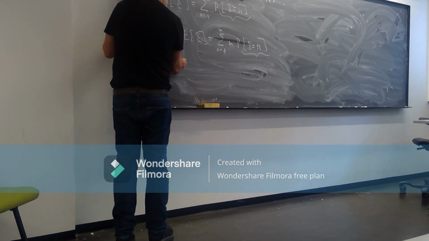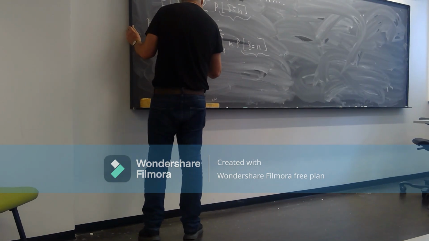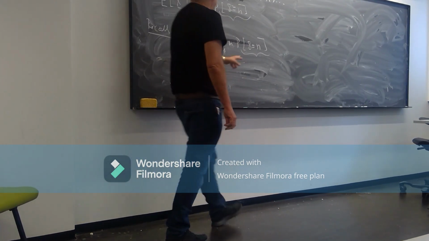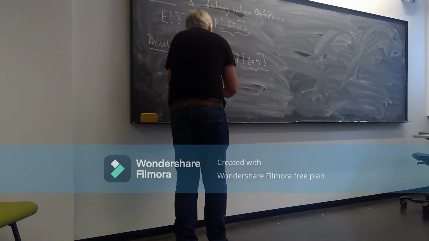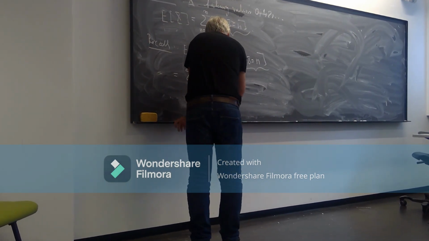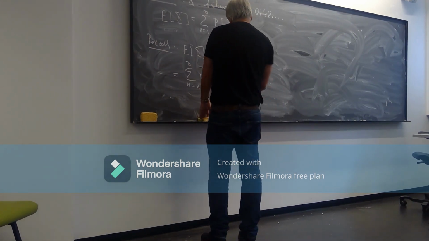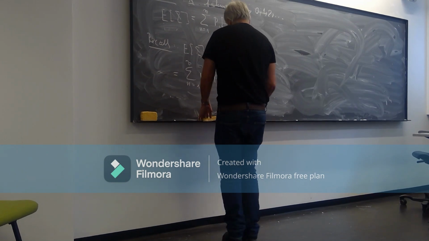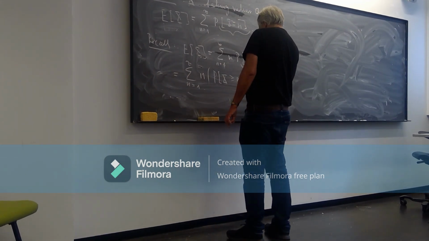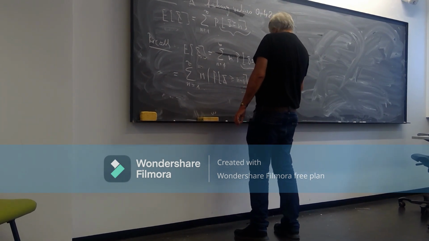Well, we can do that because the probability that x is exactly n is the probability that x is, now I have to be a little bit careful, that x is larger than n minus 1, I think, minus the probability that x is larger than or equal to n.